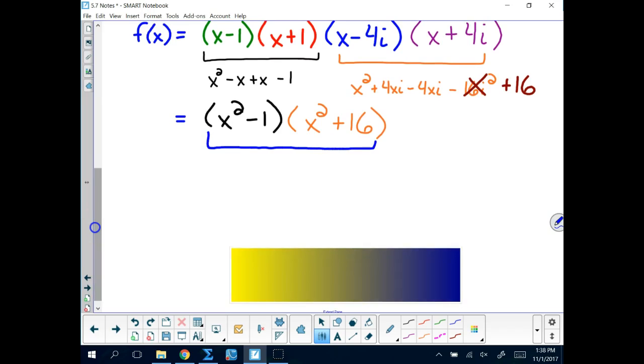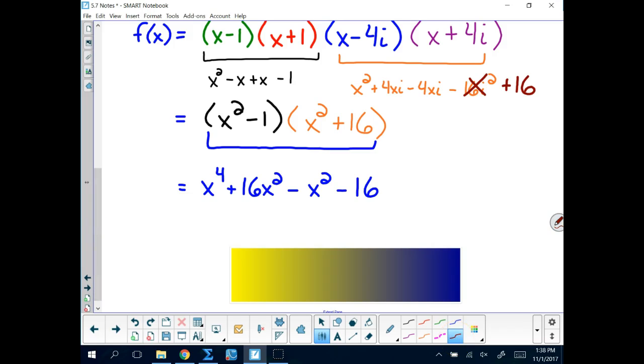Now let's do this one. X squared, x squared. X to the 4th plus 16x squared minus x squared minus 16. Right?